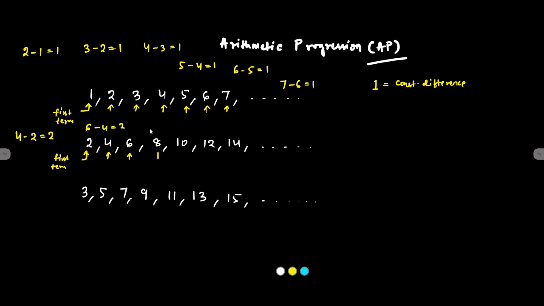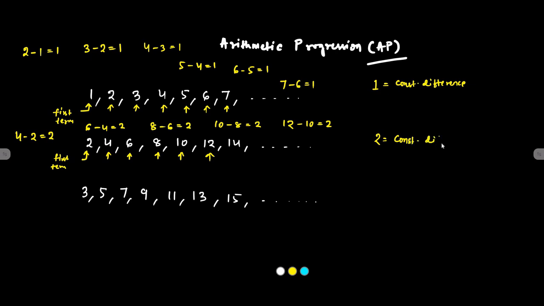Then 8 minus 6 is equal to 2, same difference. 10 minus 8 is equal to 2. 12 minus 10, same difference, 2. Similarly 14 minus 12 is also 2. Here also the difference between each term in the sequence is the same, a constant difference.